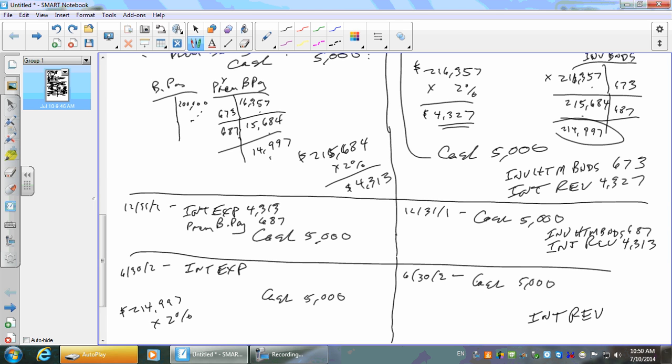The effective rate. What's 214,997 times 0.02? 4,300. Exactly? Yep. Well, it's 4,299.94. That'll be 4,300. Sounds great to me. It always sounds funny when it comes out even, doesn't it? It has as much probability as any other number coming up, of course.